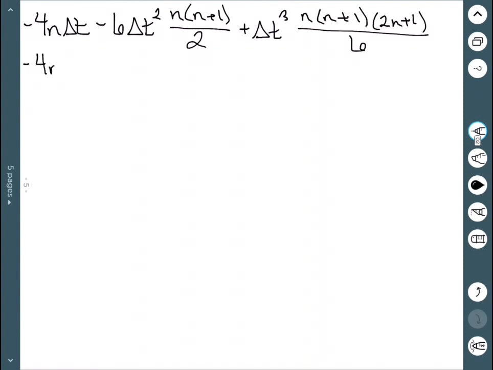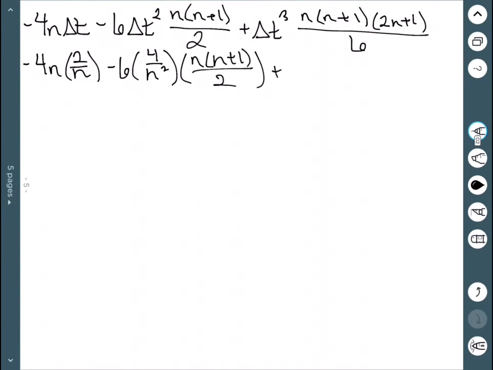So this would be negative 4n times 2 over n, minus 6 times 4 over n squared times n plus 1 over 2, and then plus 8 over n cubed times n plus 1 times 2n plus 1 over 6.